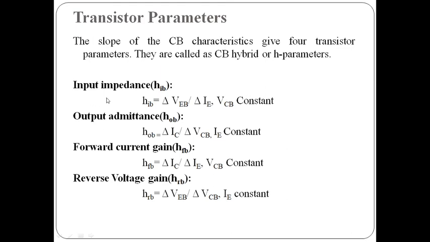The typical input impedance ranges from 20 ohms to 50 ohms for the common base, and the output admittance is in the order of 0.1 to 10 micromhos. Mho is the unit for admittance. The forward current gain varies from 0.9 to 1 for a common base, and the reverse voltage gain typically takes values in the order of 10 to the power minus 5 to 10 to the power minus 4.